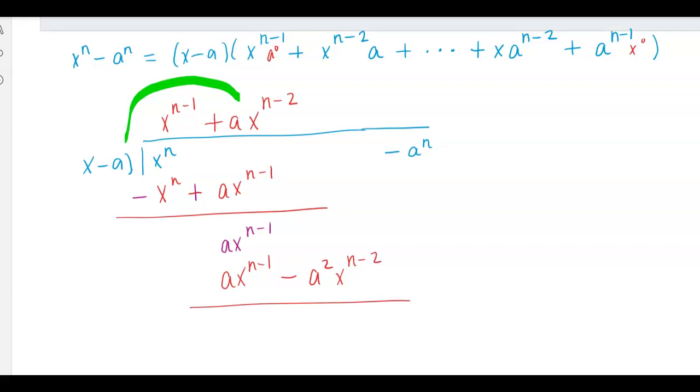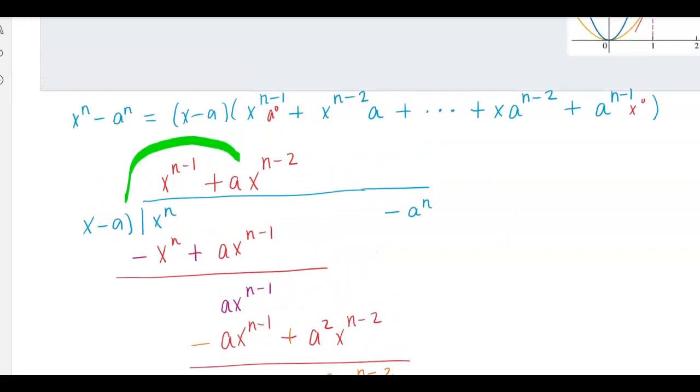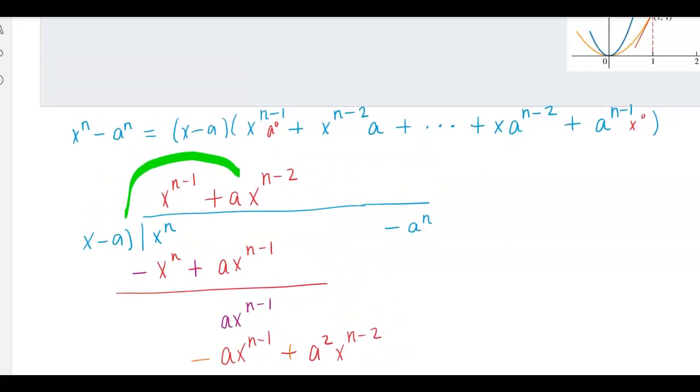And then we follow the same process where we subtract, this changes to add, and then we bring this term down. You can see that each time what's happening is that the term of a is going up 1 in power, and the term of x is going 1 down in power. And if you add both of the exponents together at every stage, they add up to n minus 1, right?